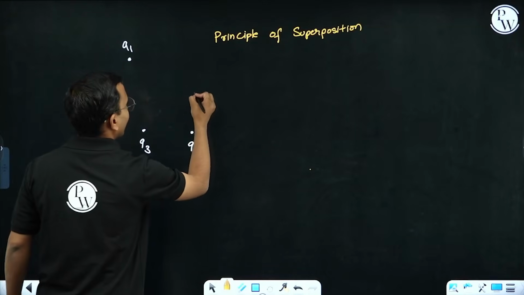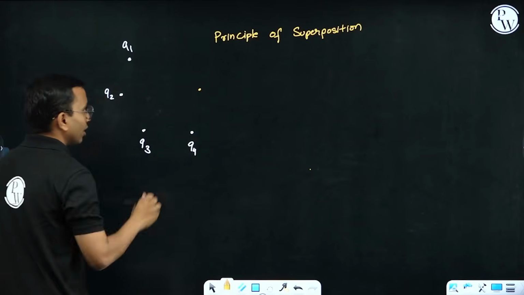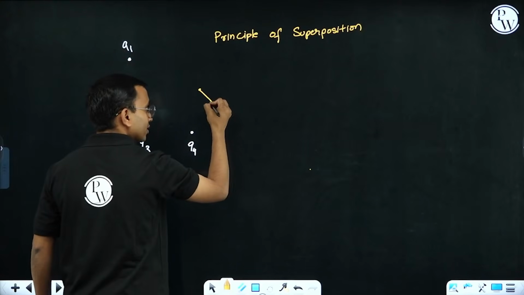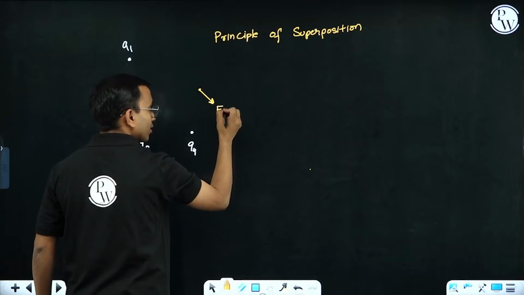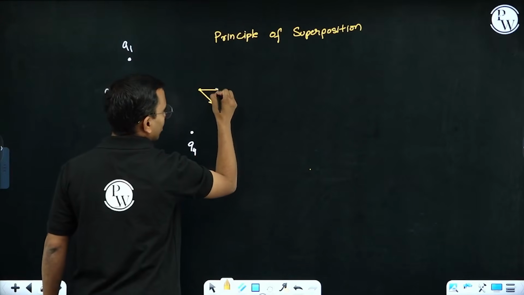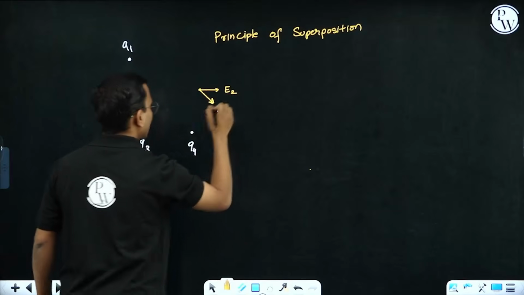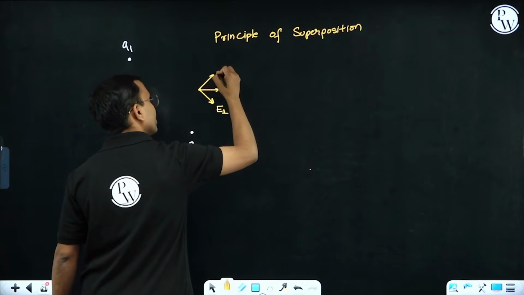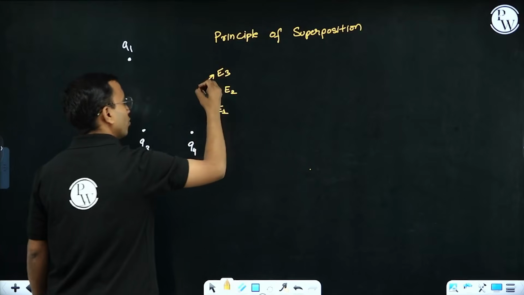So at a particular point, if I have to write the electric field, I'll write due to q1, let us take this is E1, due to q2, that is E2, due to q3, that is E3, due to q4, E4.